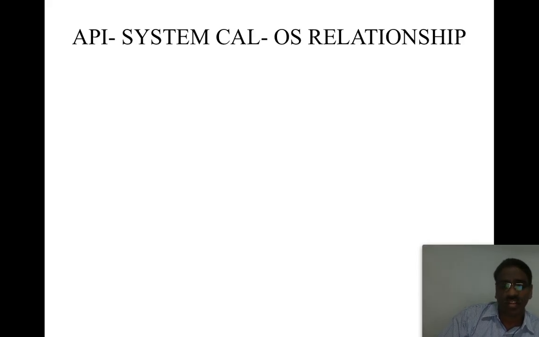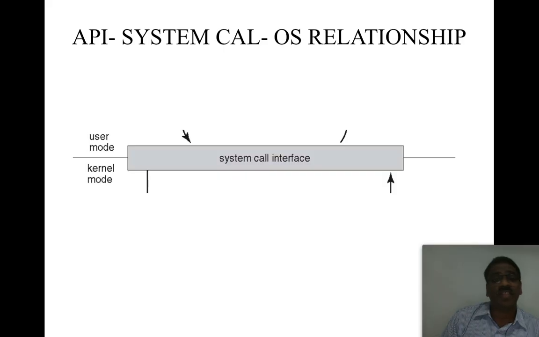And the next one is, what is the relationship between the API, system call, and OS. Whenever the system call interface is there, whenever the operating system interface is there, there are two types of mode. One is user mode, one is kernel mode. This is the operating system, this is the user defined mode. There are two types of interfaces they have to create.